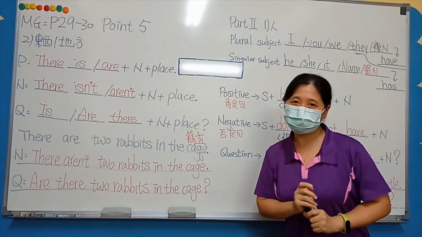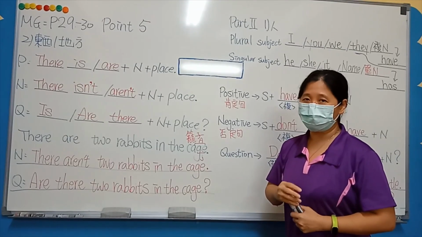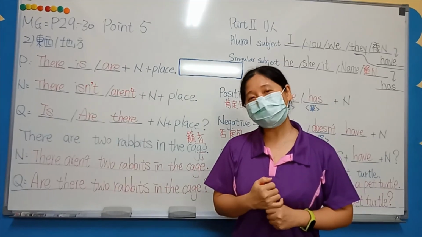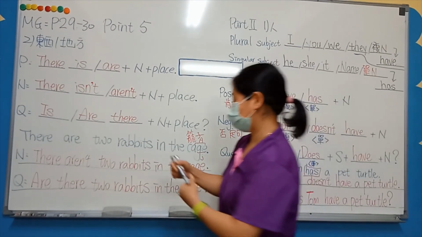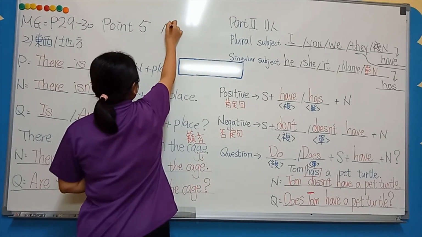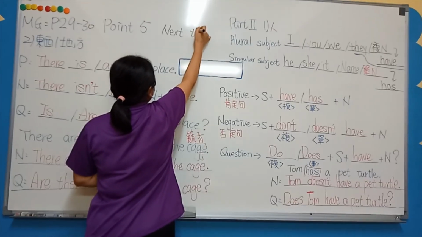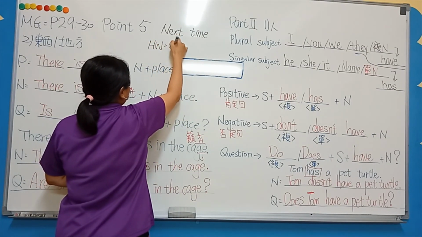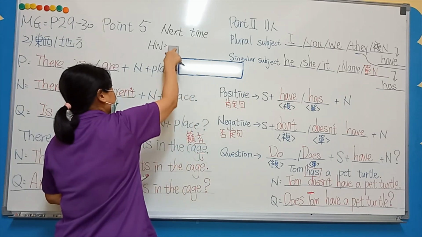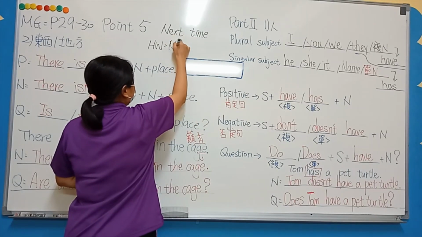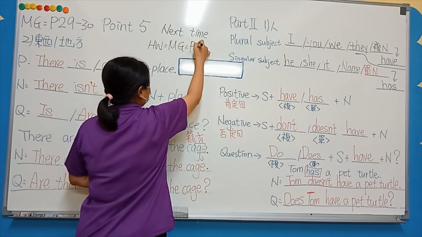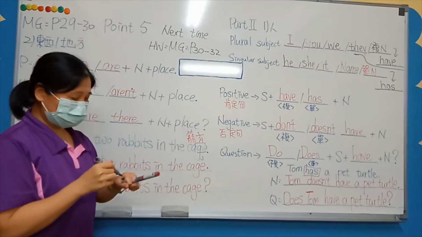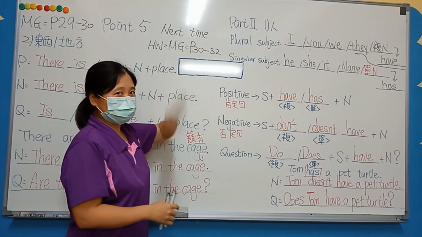Okay? So don't forget 有没有的有: one is for people, one is for place. Right? So excuse me, I'm going to give you homework. Okay? Next time, from page 30.